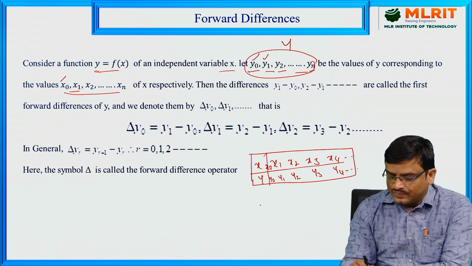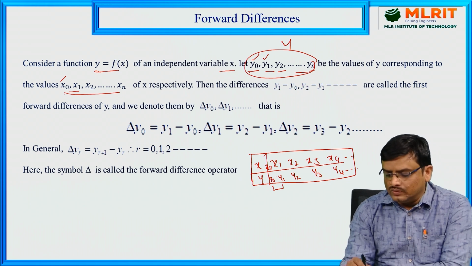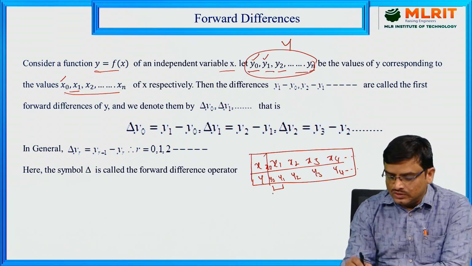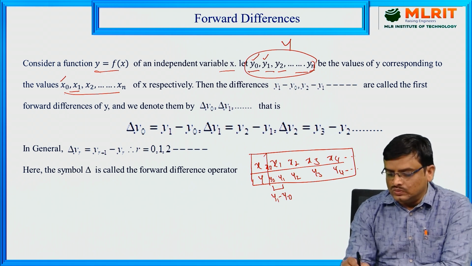Now concentrate on these y values. First take the first two values of y, y0 and y1, and find the difference between them. The difference is the second value minus the first value, that is y1 minus y0.